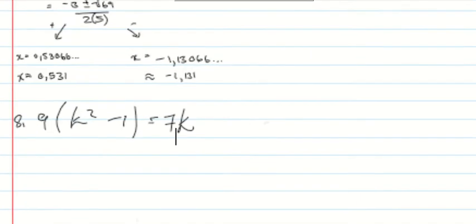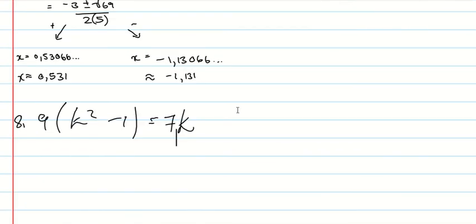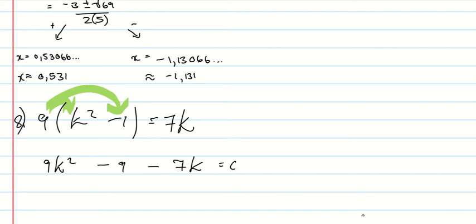Good, grade 11, I want you guys to pay attention to this one. There is a slight catch here. It's not in the form that we wanted, so therefore we first need to go back to our basics, and then we have to do expanding. So that's going to be 9k squared minus 9, and then I'm going to bring over the 7, which becomes a negative 7k, is equal to 0.